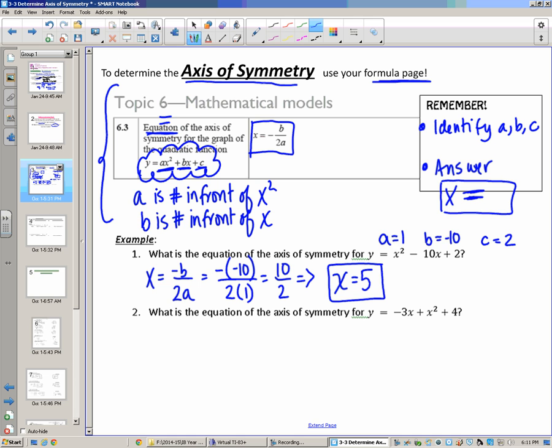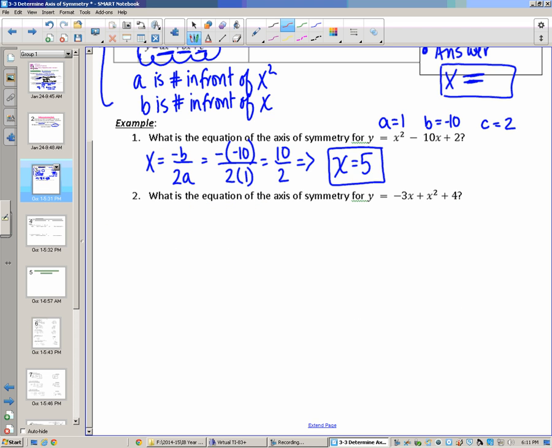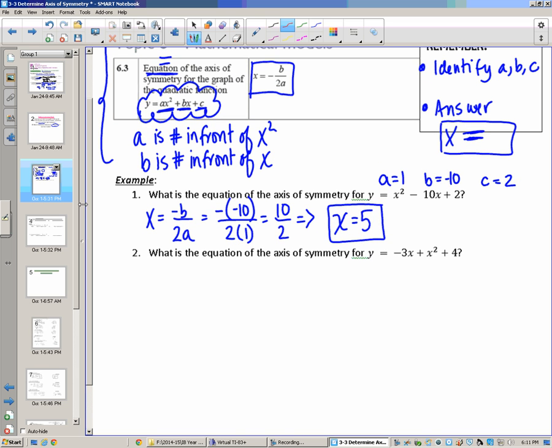What is the equation of the axis of symmetry for the second equation? y equals negative 3x plus x squared plus 4. So my a is 1. This is my x squared. My b is negative 3. Notice this is out of order. And my c is 4.